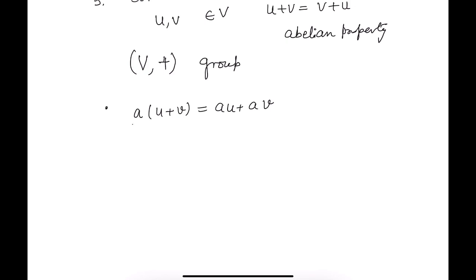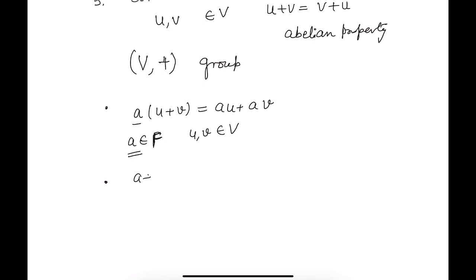Here a is a member of field F and u and v are vectors. Members of the field are called scalars. So a scalar distributes over the vector addition operation in v. So the first property is that a distributes over u plus v.